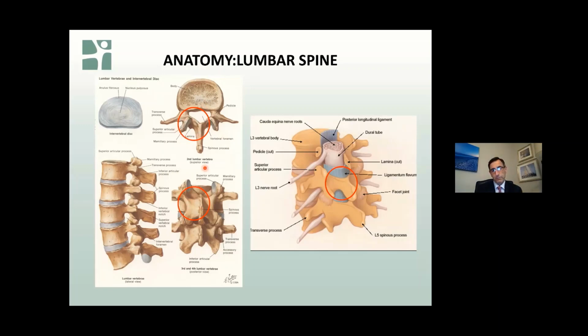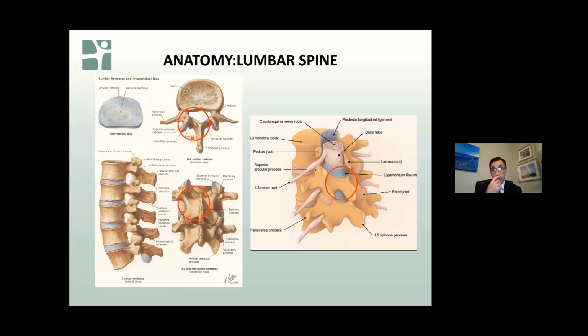Laminectomy means removing the lamina, or removing part of the lamina. That's the name of the surgery in certain situations, but it's a part of different surgeries for different conditions, and that's why it's called what it is.